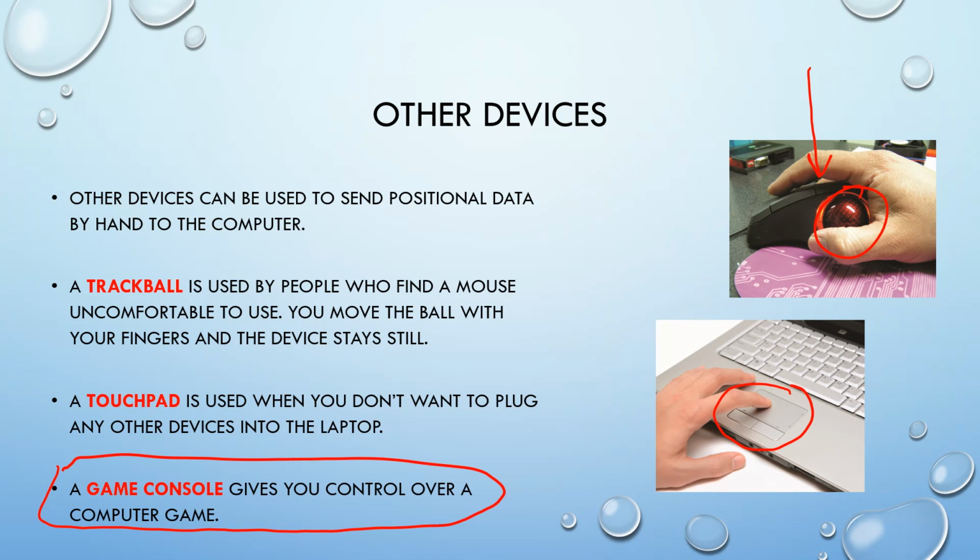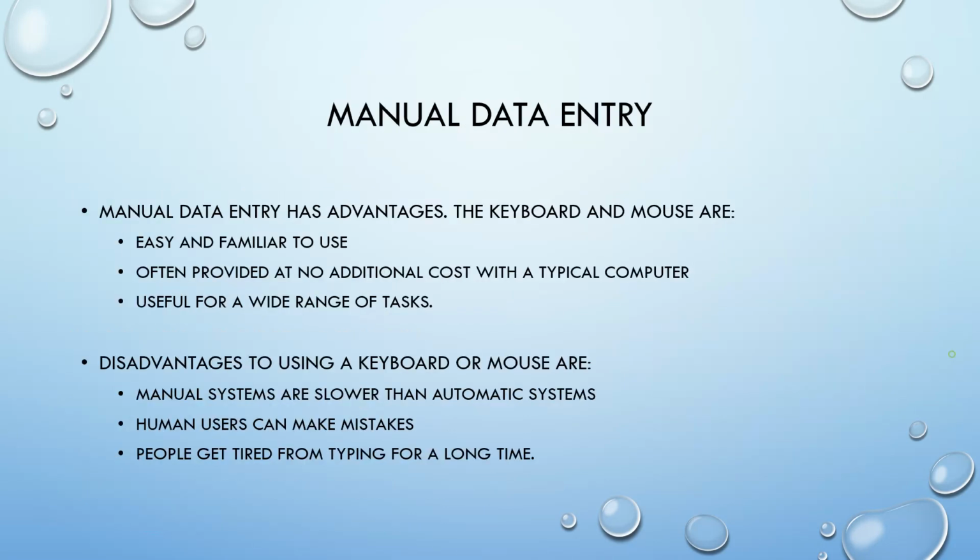Alright, now there are advantages and disadvantages to manual inputting of data, like everything in computer science, and these are some of them. Okay, so number one, a mouse and a keyboard are easy and familiar to use. You've been using them for a long time. They've been around almost as long as computers have, and we all know how to use them.